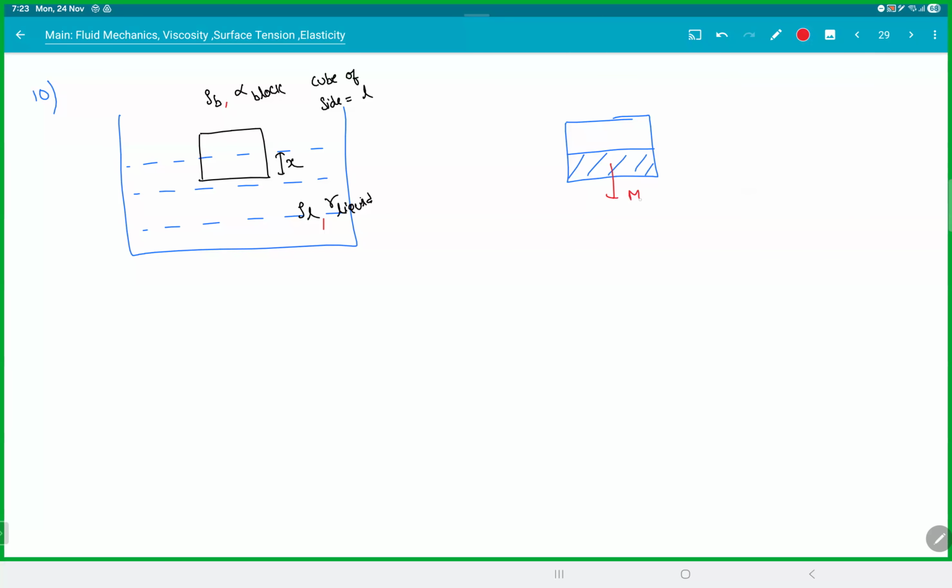You have your own weight mg, which is density of the block times volume, which is L cube, into G. The buoyant force Fb will be the weight of the liquid displaced, or the volume that is immersed there. So that will be rho liquid, L square, x into G. It is in equilibrium, equate them, you'll get x is equal to rho b by rho L into L.